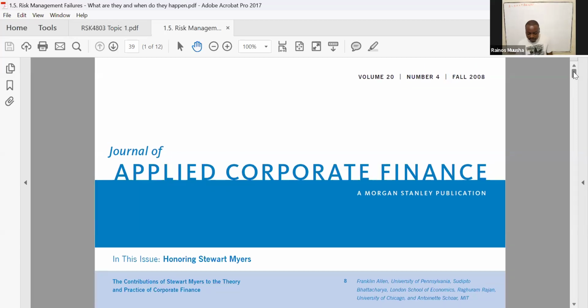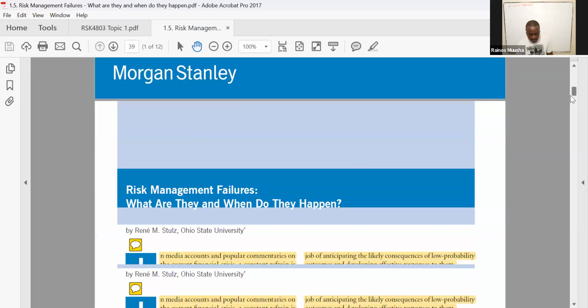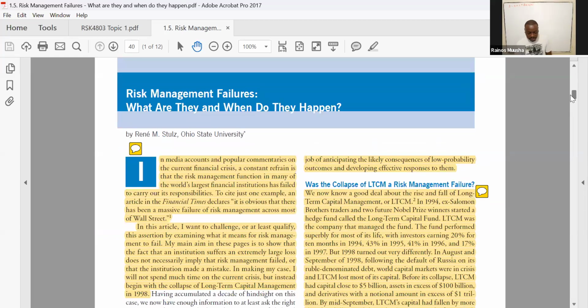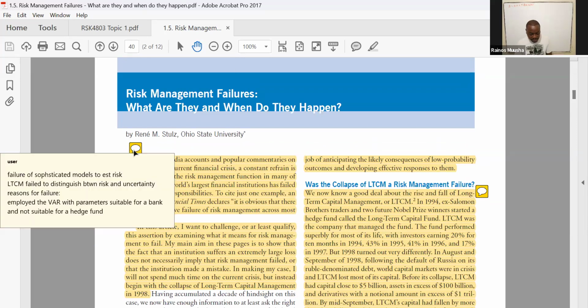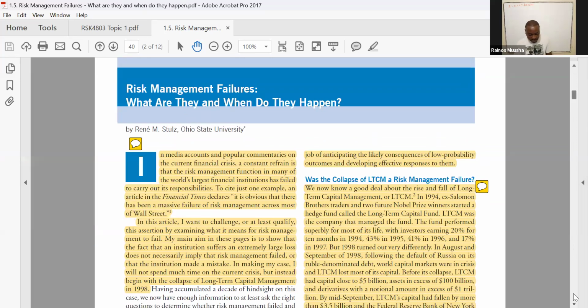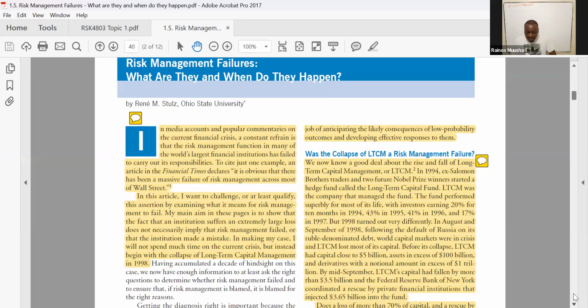it's coming from the Journal of Applied Corporate Finance. And under this, we look at risk management failures: what are they and when do they happen? They say, in media accounts and popular commentaries on the current financial crisis, a constant refrain is that the risk management function in many of the world's largest financial institutions has failed to carry out its responsibilities.